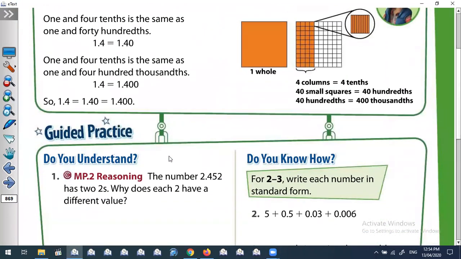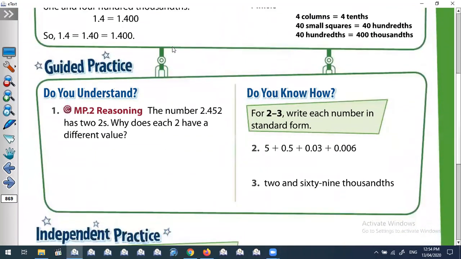The first example we have: write each number in standard form. This number is in expanded form, and I need to write it in standard form. This is 5 ones.